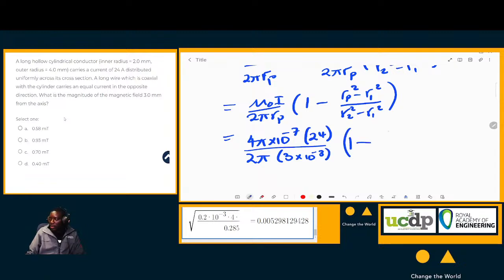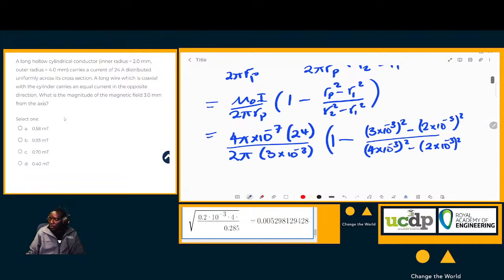So 1 minus: now we subtract 3 millimeters squared minus R1, which is 2 millimeters squared, over R2, 4 millimeters squared, minus 2 times 10 to the minus 3 squared.